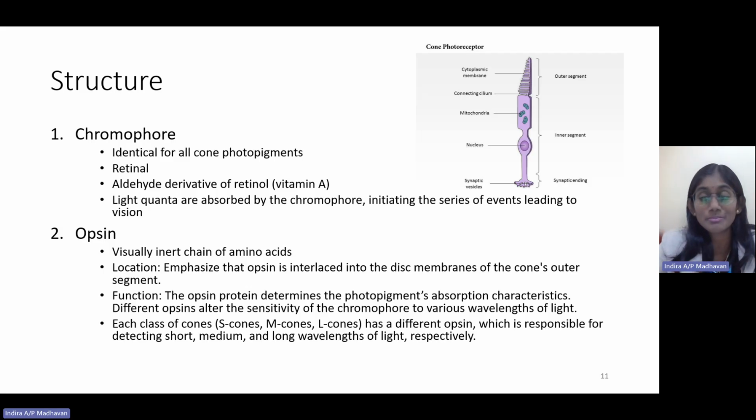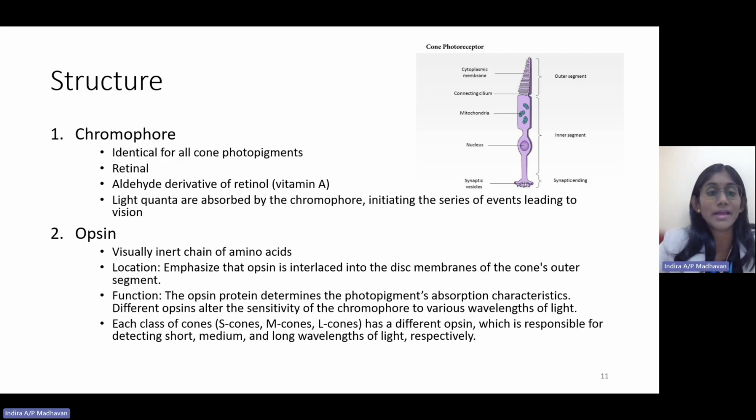It will be absorbed by the red cones only, because they have an opsin which works like a magnet, attracted only to the red lights or the longer wavelength lights. While the green or medium wavelength sensitive cones, their opsin is only attracted to the medium wavelength lights or the green shade lights.